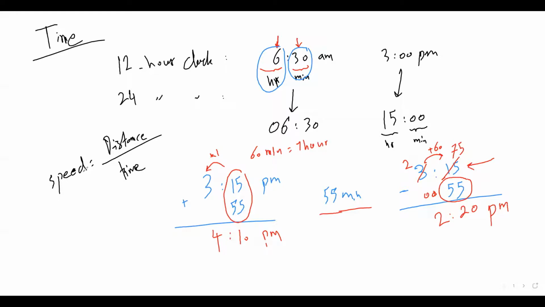So you end up finding the distance, or they give you the distance and the speed, and you have to find the time, and then you have to add it or subtract it to find when you arrive or when you have departed. So let's do a few examples regarding this.